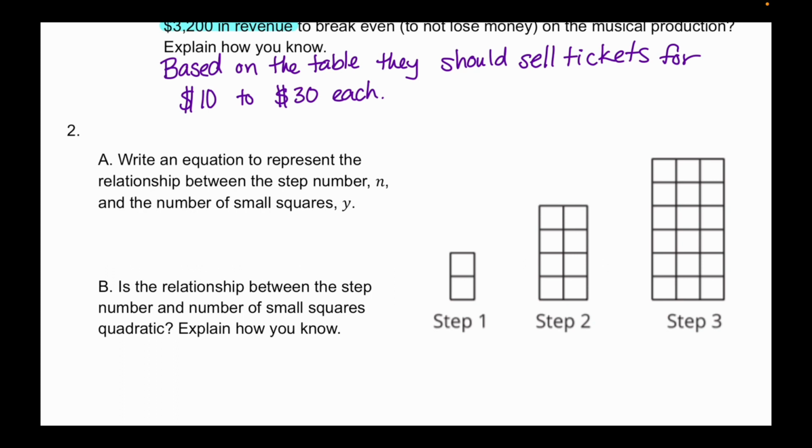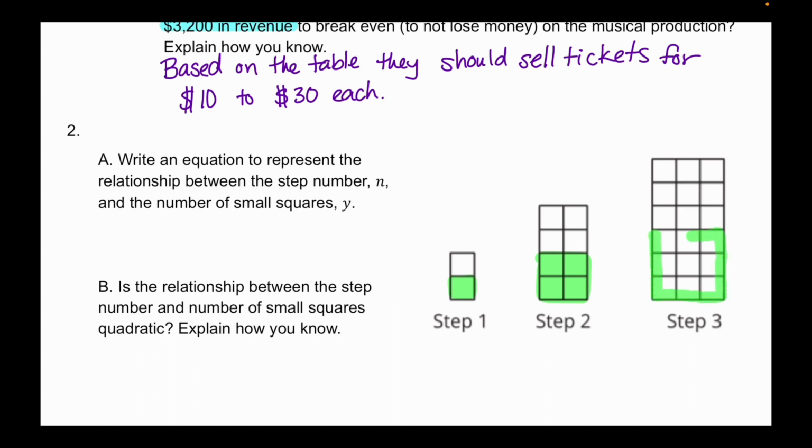The trick to seeing this one is splitting it into 2 different pieces. So I am going to highlight one of these squares in step 1 green. If I just looked at the green square, it's the bottom half, and really, I'm going to highlight the bottom half of all 3 steps. And I think this will be a little easier to see.